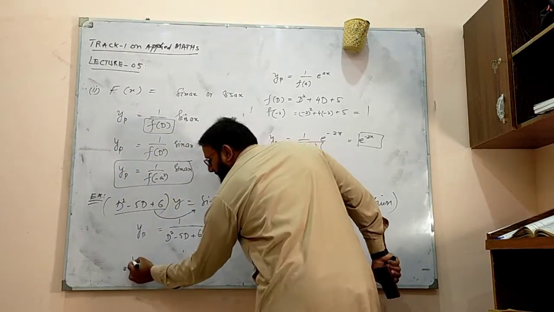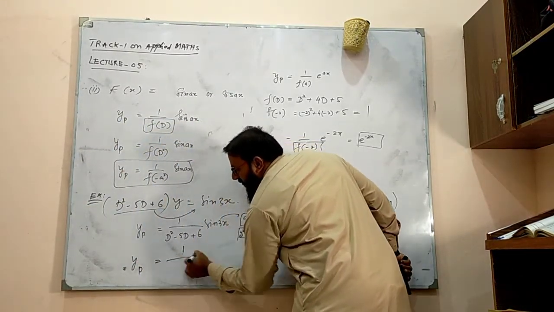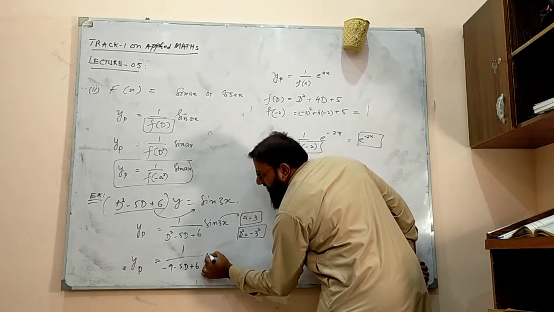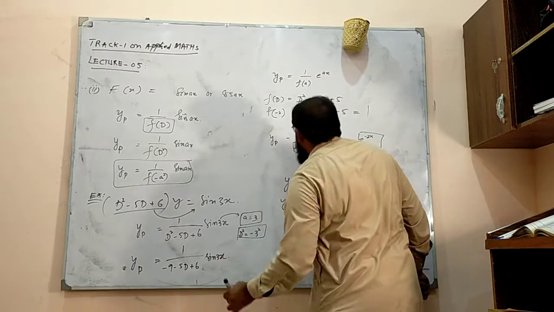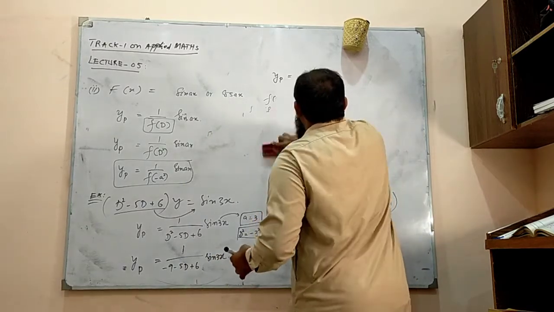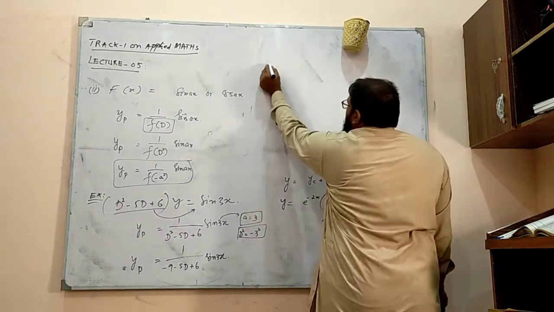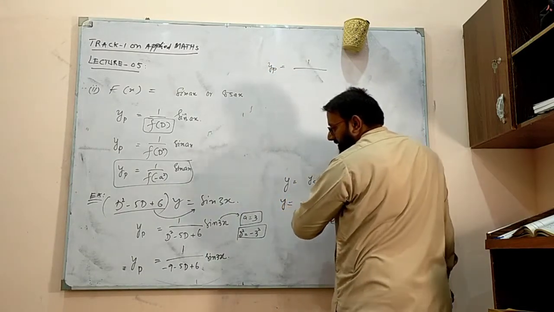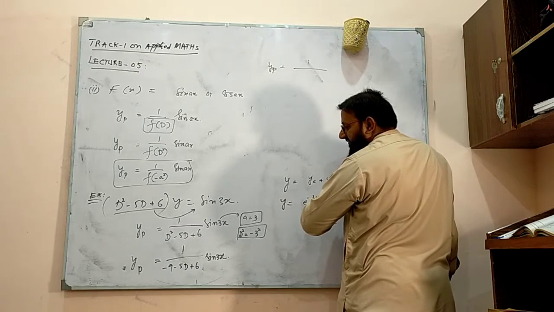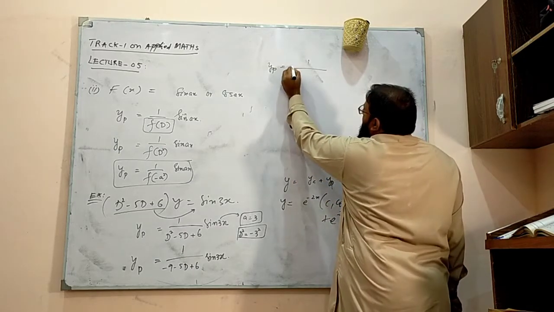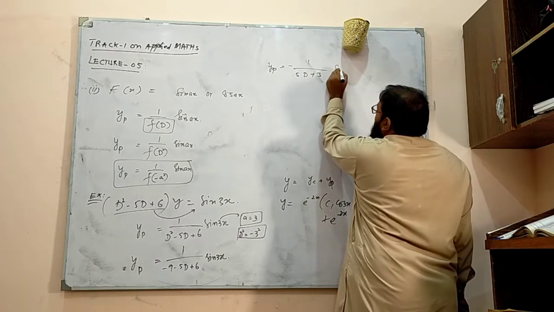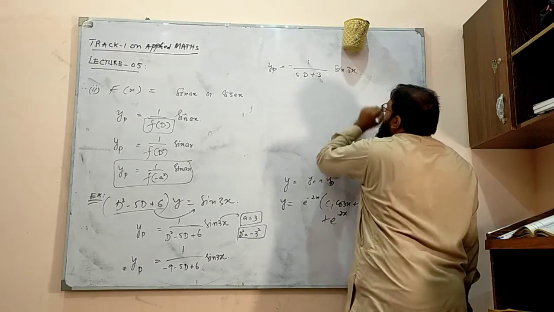So our yp would be 1 over minus 9 minus 5d plus 6 sin 3x. Now it will be yp equals 1 over minus 3 minus 5d, or minus common 5d plus 3, and sin 3x.